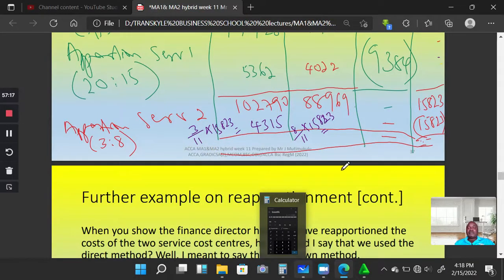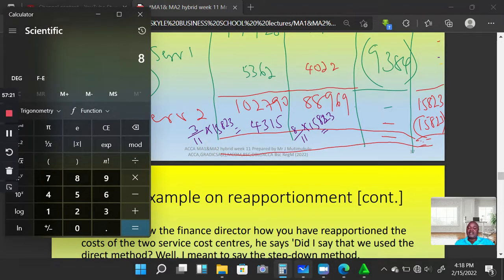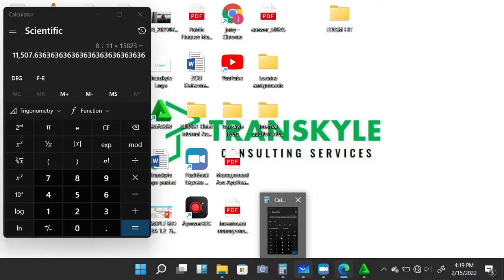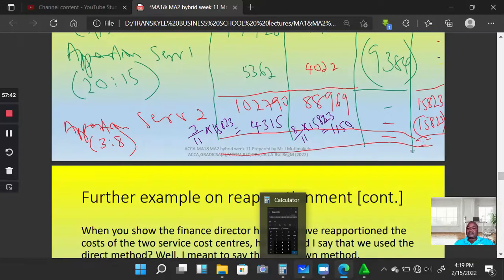The next part, 8 over 11 multiplied by 15,823, we get 11,508.